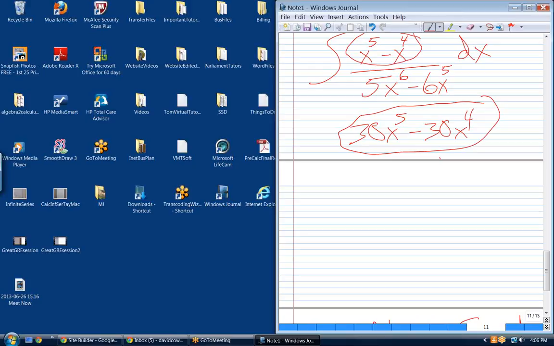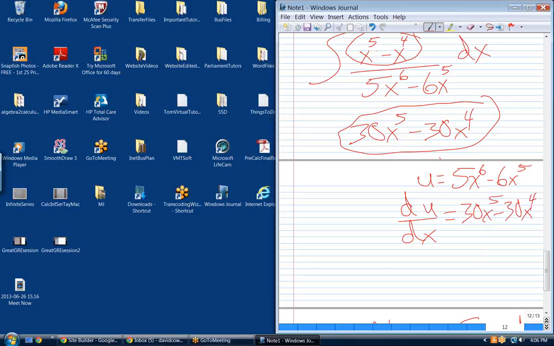So starting from the get-go, I'm going to say u is equal to 5x to the 6th minus 6x to the 5th, because then du dx is equal to 30x to the 5th minus 30x to the 4th.